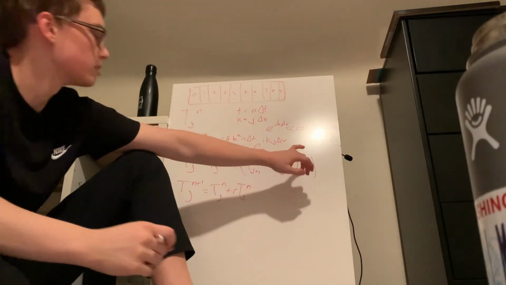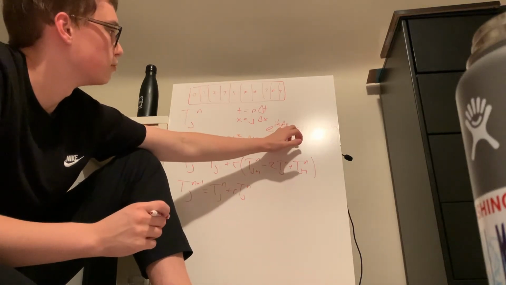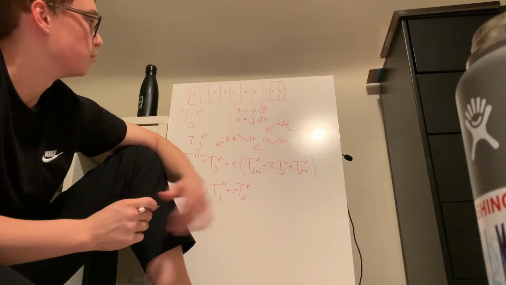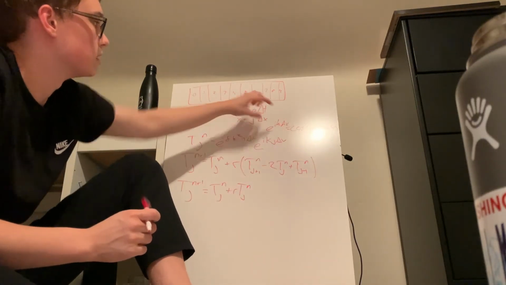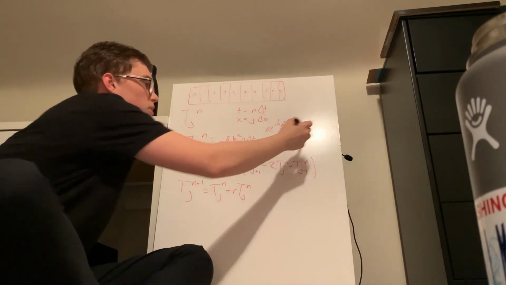By rearranging this and plugging in for the i k's, we can basically replace this with cosine x.